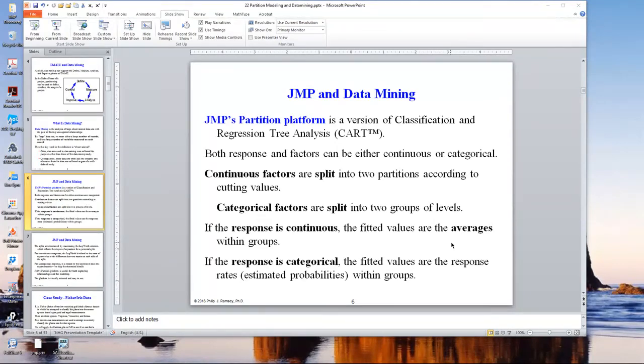One of the nice things about partition analysis or CART is that the predictors can be continuous or categorical, and likewise the response can be continuous or categorical. This is a really easy to use model.